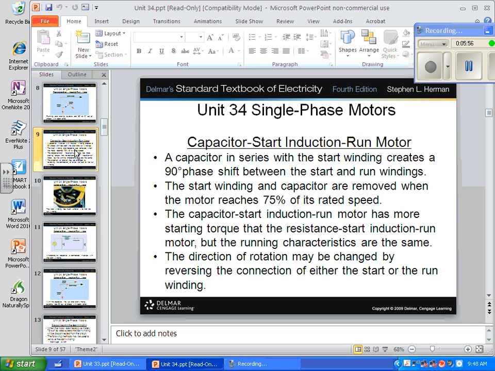Capacitor start, induction run: a capacitor in series with the start winding creates a 90-degree phase shift between the start and the run winding. The start winding and the capacitor are removed when the motor reaches 75% of its rated speed. So if you wanted to know when a centrifugal switch opens, it's at about 75% of its rated speed.